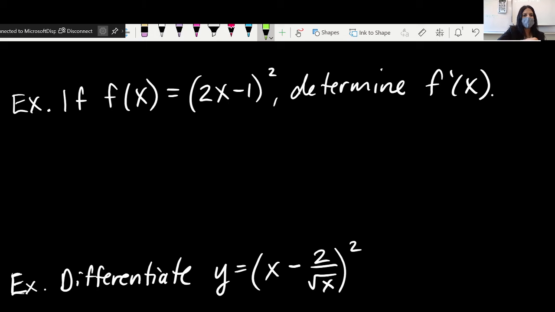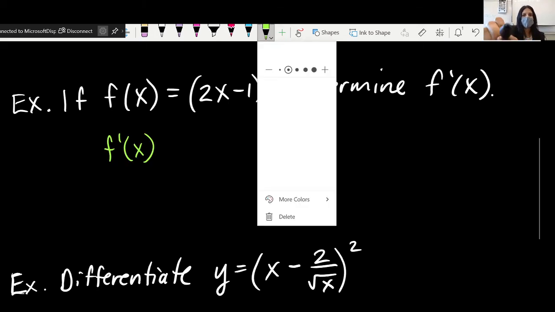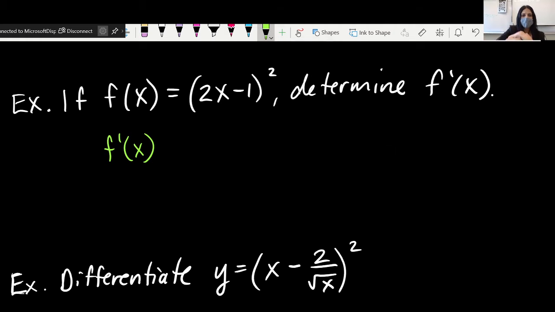So if it says f of x and we are looking for f prime of x, then, well, applying the sum and difference rule, what we learned today, the way that this is, it's all jumbled up together, and we know because of BEDMAS or exponent laws, I can't do anything with this the way that it is right now. So the best way for us to deal with this is just to expand and distribute this out.